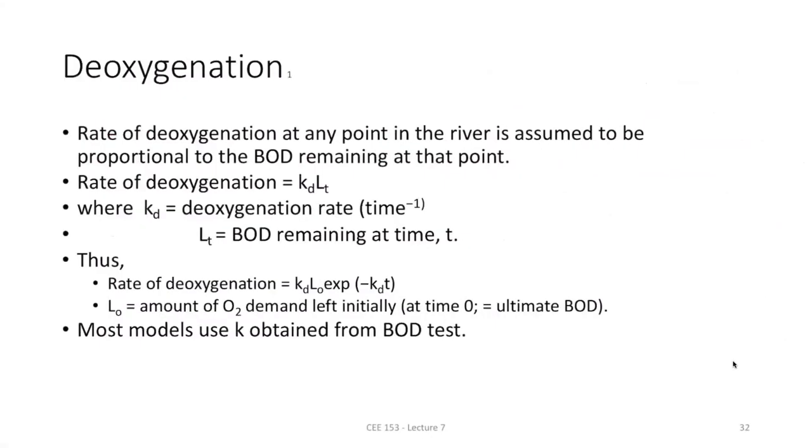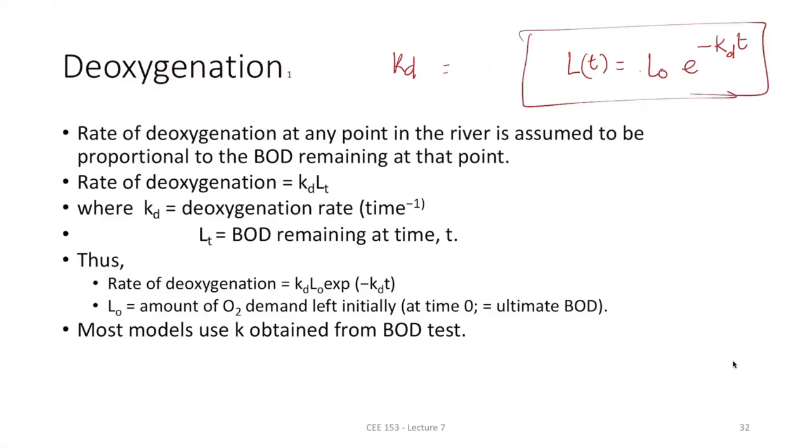The first thing again, there are two rate constants. Deoxygenation is the rate at which things are being consumed, which we already discussed. So that's KD. And basically, this one is the BOD concentration at time t, which is the initial BOD concentration times e to the power minus KT. So this is the one from before.